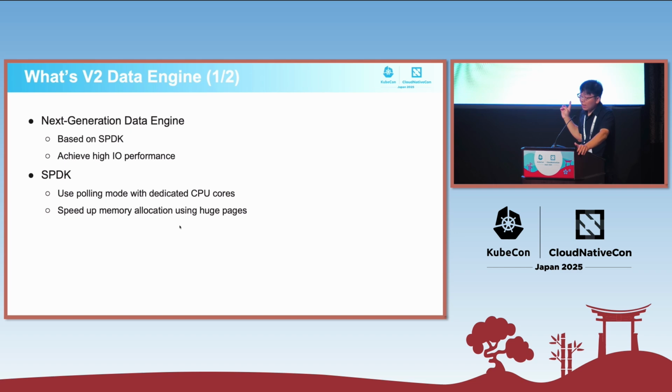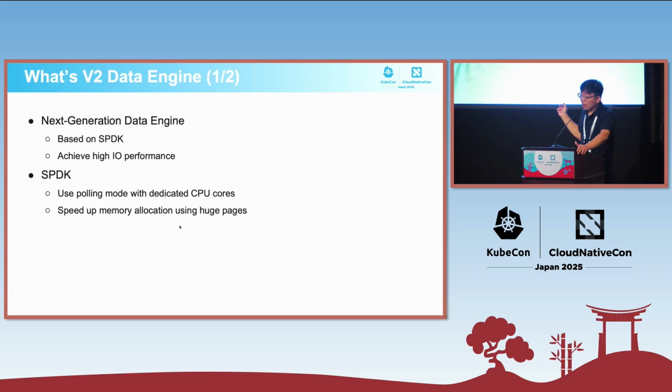The first one: SPDK uses polling mode instead of interrupt mode. So if there is a file, SPDK continuously polls the FD to read the data, so the I/O efficiency is very high. But we need dedicated CPU cores.